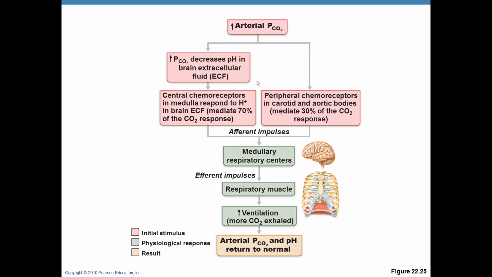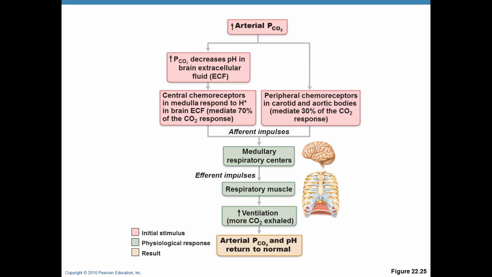Some other receptors are involved with monitoring what's going on in your body fluids. These are the ones that we just talked about over here. But you also have chemoreceptors, nervous tissue located in your carotid arteries and also in the aorta, that detect the same thing.